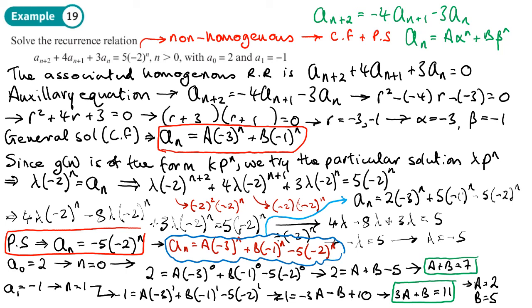So there we go, there's our final solution. We got there eventually, so let me just highlight that so that we can see clearly where it is. So there's our final solution for this question.